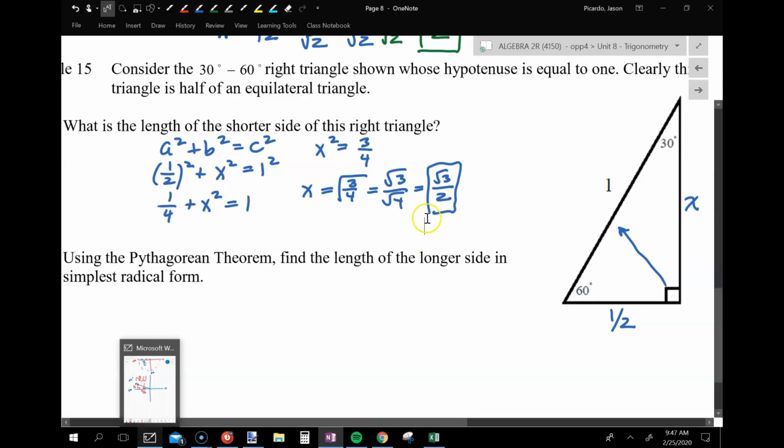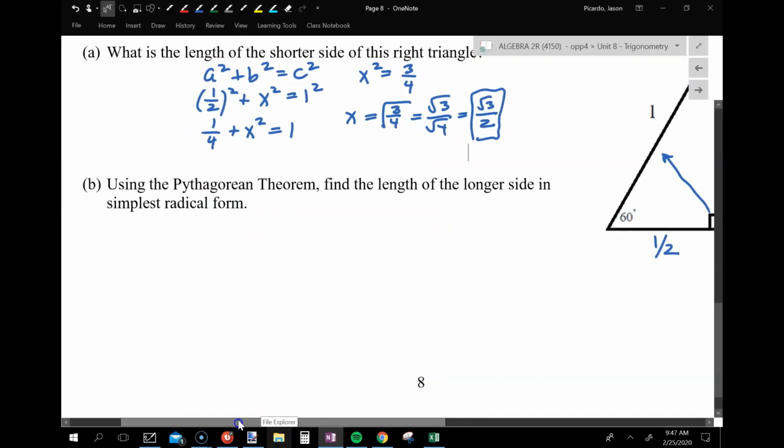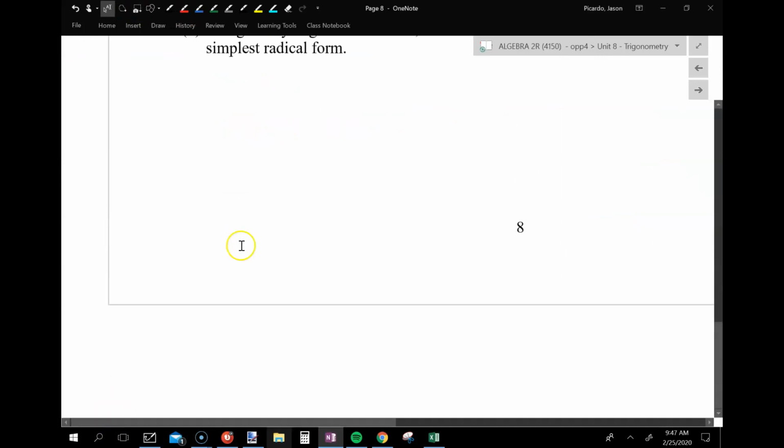Guys, what I need you to do down here is draw the following and then circle it, star it, and highlight it. You have two right triangles that are important to remember. You have a 45, 45, 90, in which case the sides are radical 2 over 2, radical 2 over 2, and 1.